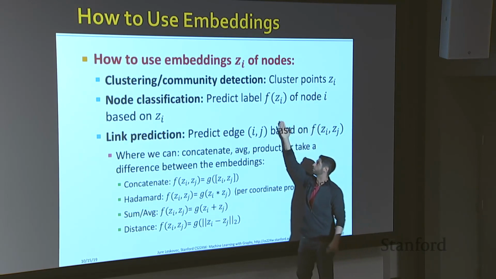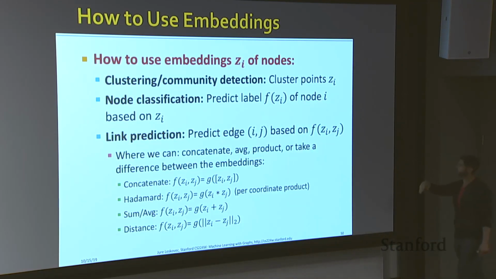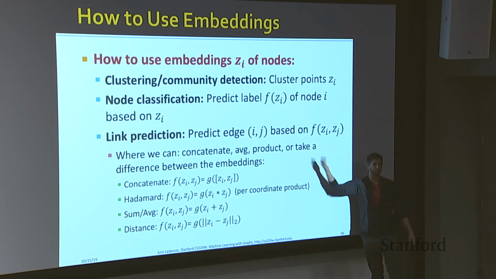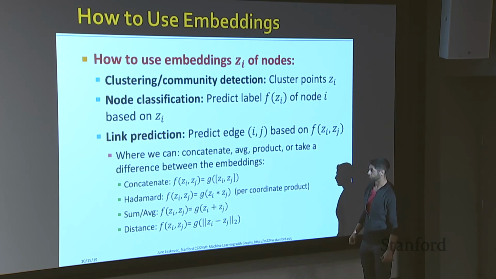We can train a function f, which can be any classifier, an SVM, a decision tree, whatever you like, to give us labels for each node in the graph. So we already solved the node classification that we talked about on Thursday by training a simple classifier over these vectors.